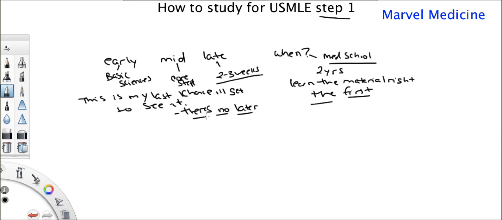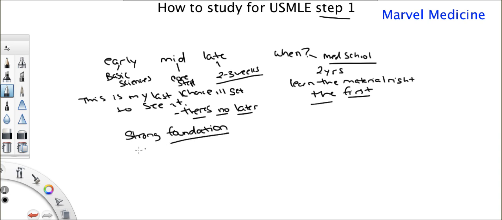Because there's a lot of information and you can't count on just being able to review it. Yeah, will you review it again at some point later? Yes. But you know what? If you train your mind to think like that, you're not going to learn it well, all right? So now getting back, study right the first time around, all throughout med school, your classes, everything. Make sure you really, really build a strong foundation, okay? That's really what it comes down to.